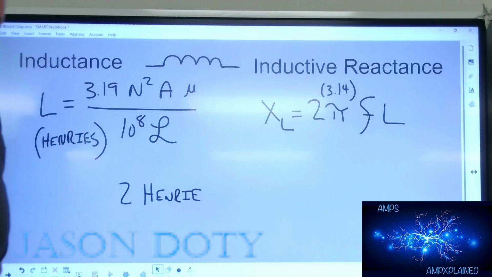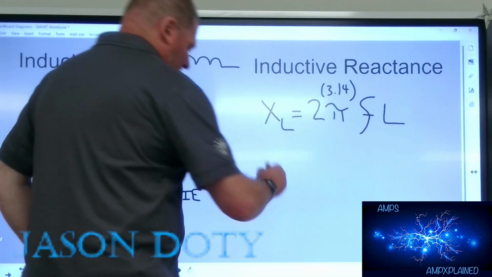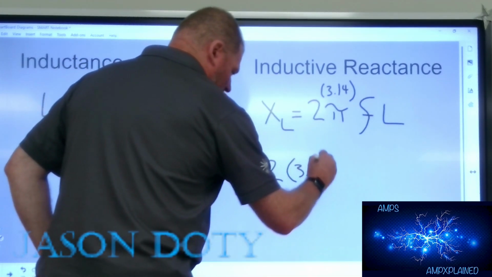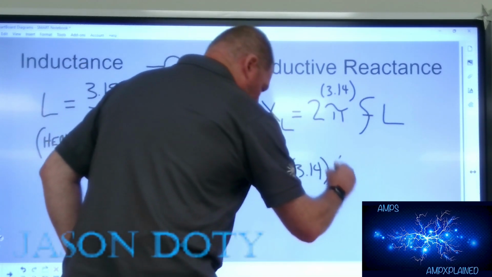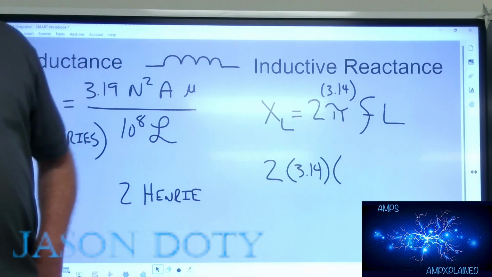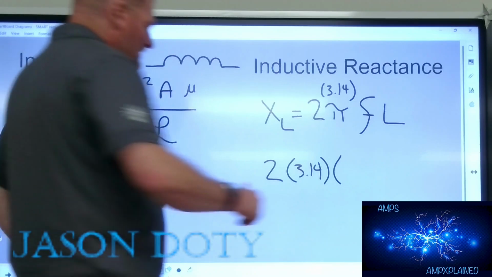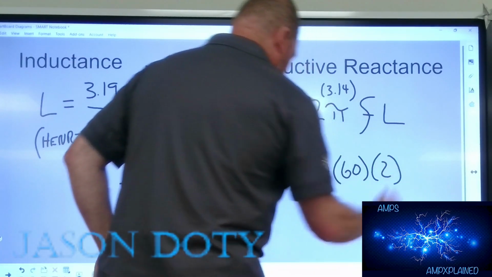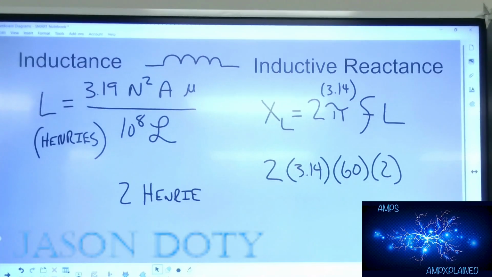What we're going to do is take 2, multiply that by 3.14, multiply that by the frequency. We'll use the one that we typically have here in the United States, 60 hertz, and the 2 Henrys from our inductance formula.